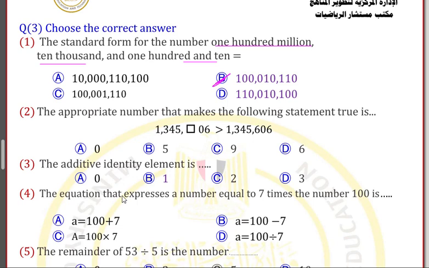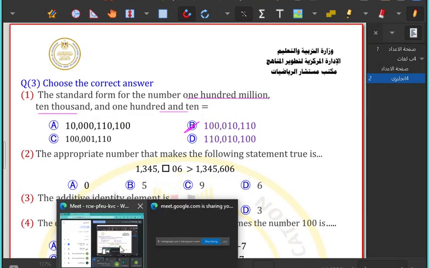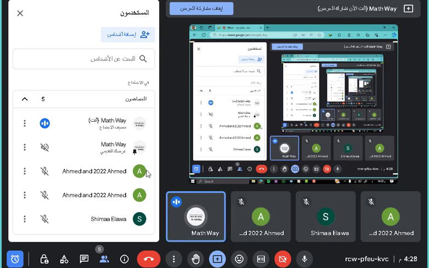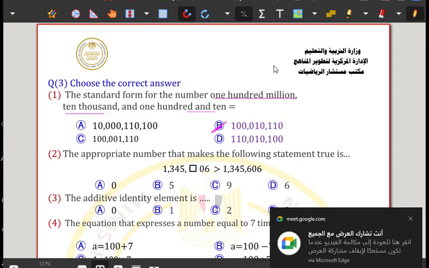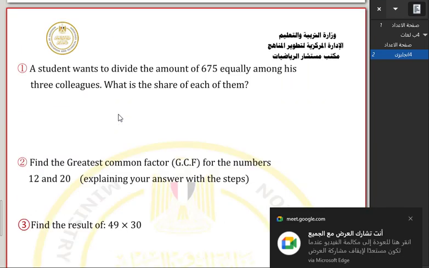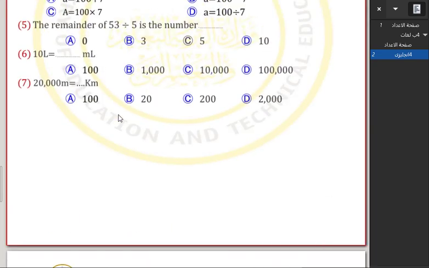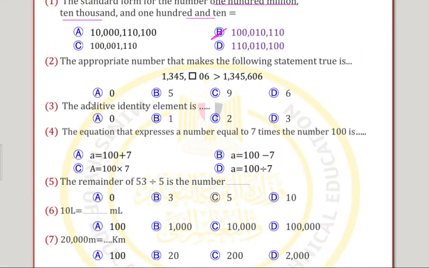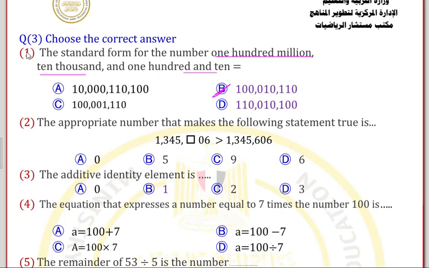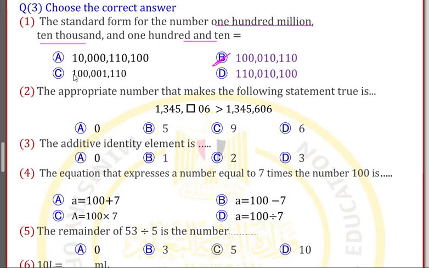Okay, so now the appropriate number that makes the following statement true is, so let's check. Let's complete. Now the appropriate number that makes the following statement true is, so now let's compare.